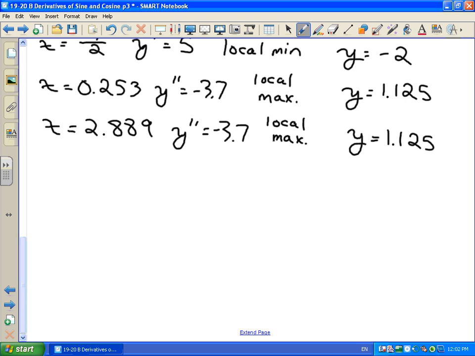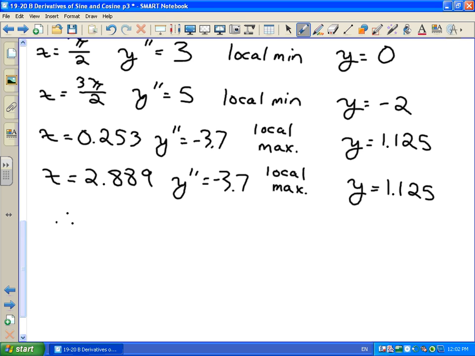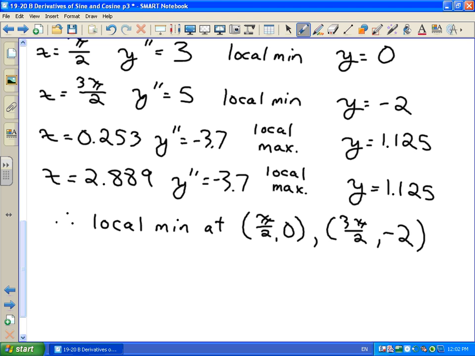So I could sort of sum all this up by saying, therefore, we have a local min at pi over 2, 0, and 3 pi over 2, -2.